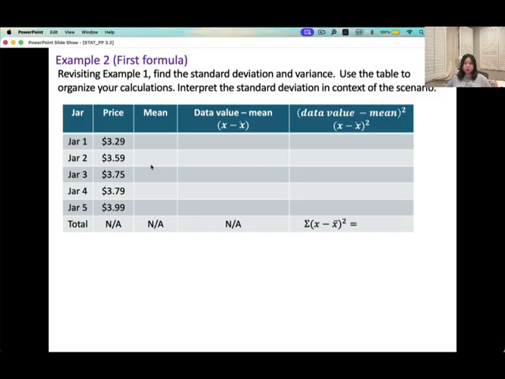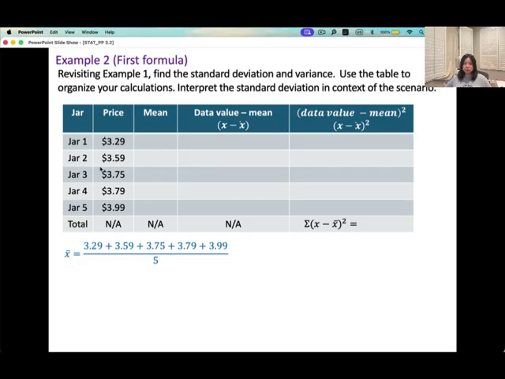So first, we do have 5 data, the peanut butter jar price. And I want you guys to try to find out the mean. Show me how you find the mean. Remember, add it all up, divided by the number of data, and then write down the notation. The x bar represents the sample mean.